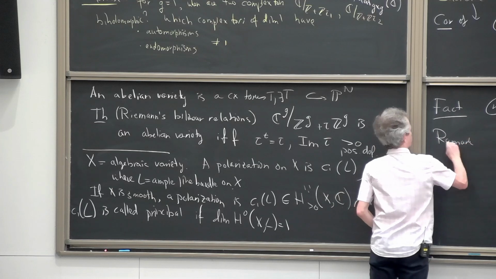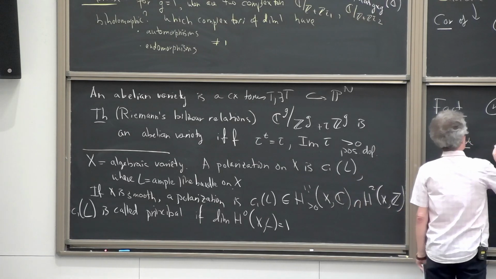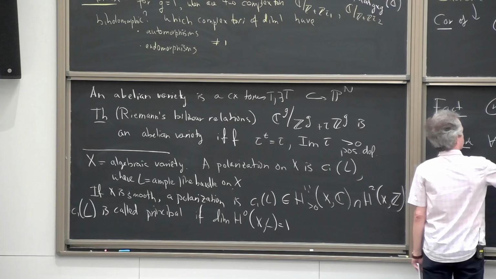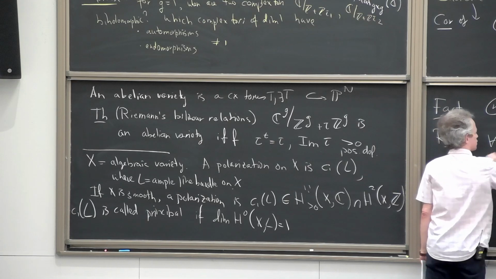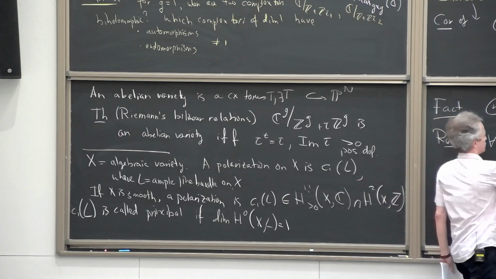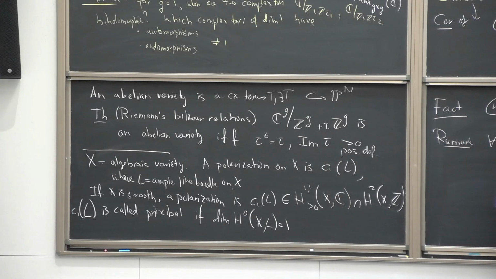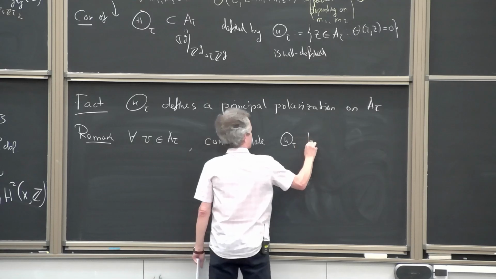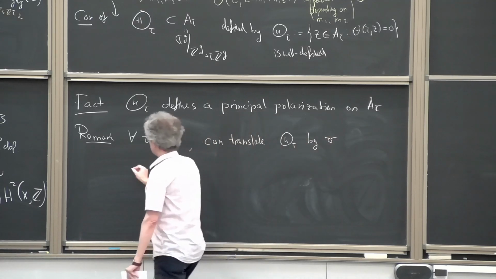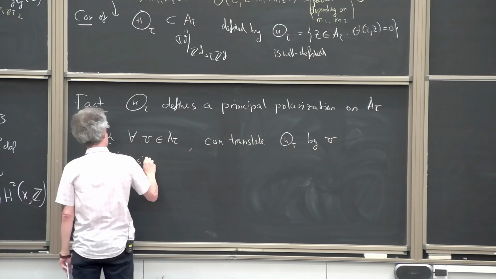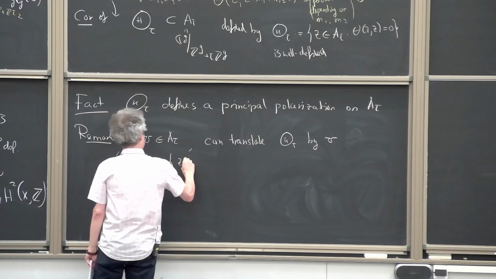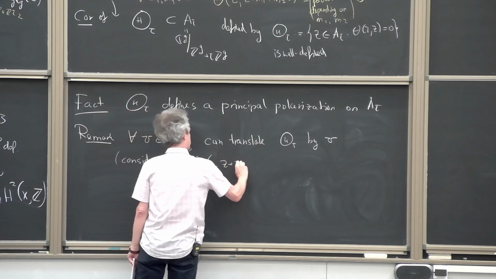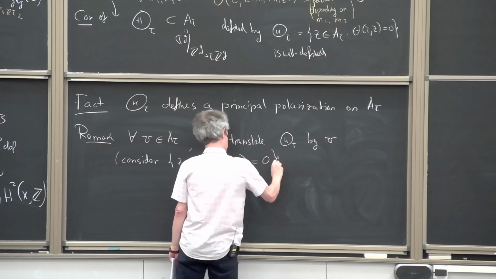Remark: for any point v in the abelian variety A sub tau, I can translate theta by v, which is to say, consider the zero locus of z such that theta tau of z plus v is 0.